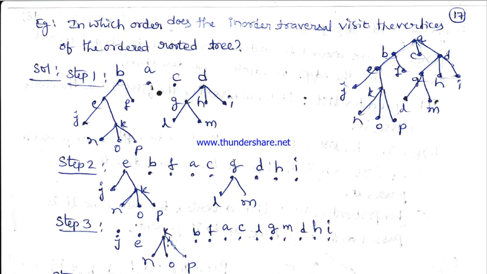I have shown here the subtree at G with L, M as its children, followed by the root D and then the remaining two vertices H, I. This is our step 2 of the in-order traversal.